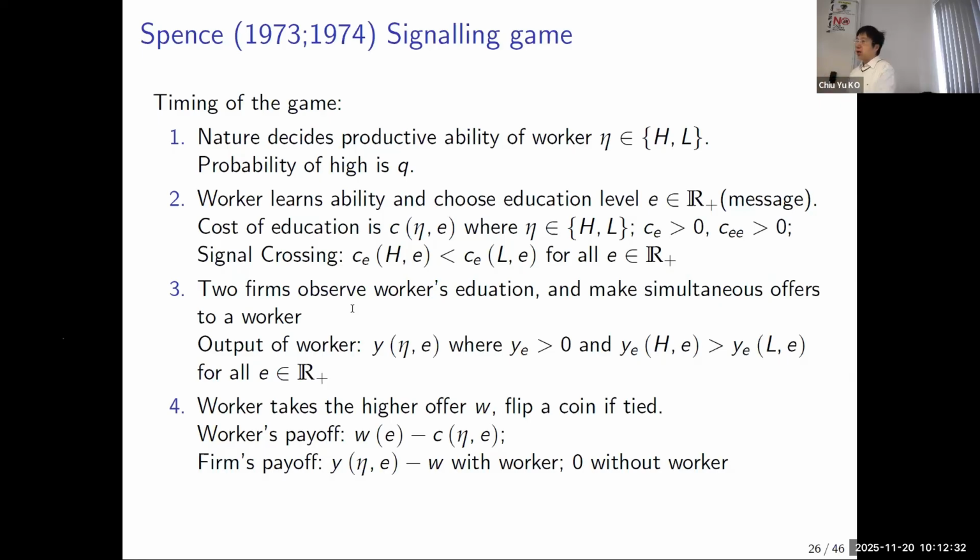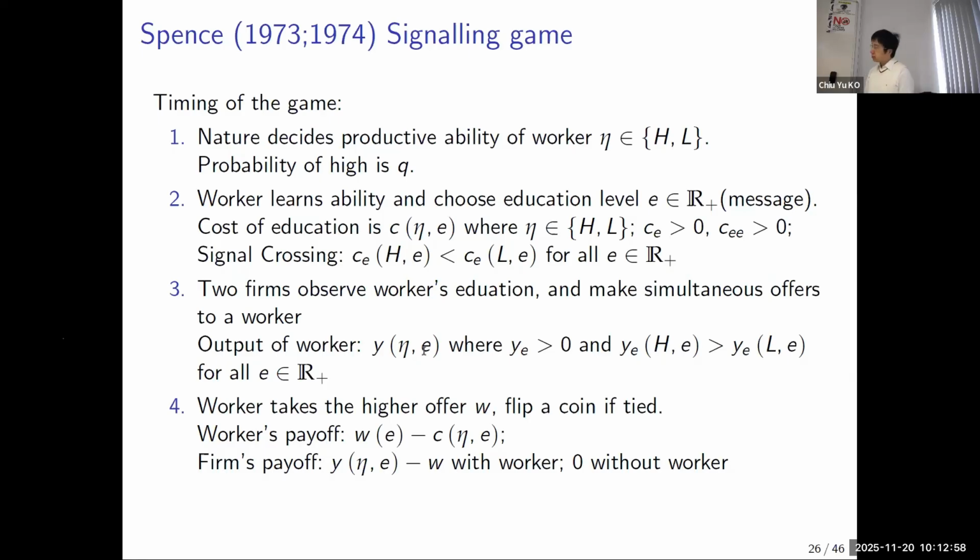In that case, the worker is paid his output directly. Otherwise, you'd have to think about how firms compete and all this. Of course, subsequent models take this into account, but we assume the worker gets all his output, his marginal productivity, which depends on his ability and education.